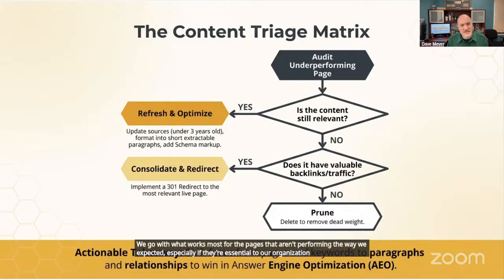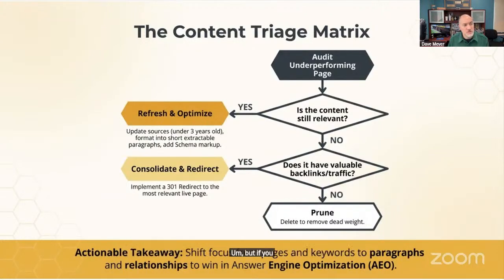We want to ask the following questions. Is the content still relevant, yes or no? Is it helpful or valuable for backlinks and traffic? If it doesn't answer yes on either of those things, that's a good indication that content might be worthy of a devalue, so removing it from your account or your pages.